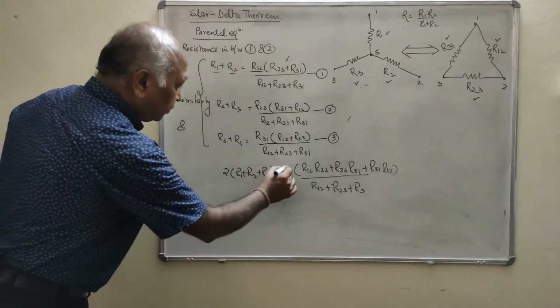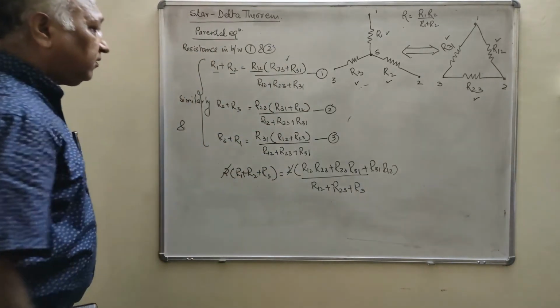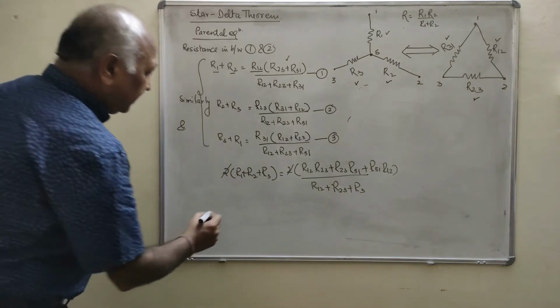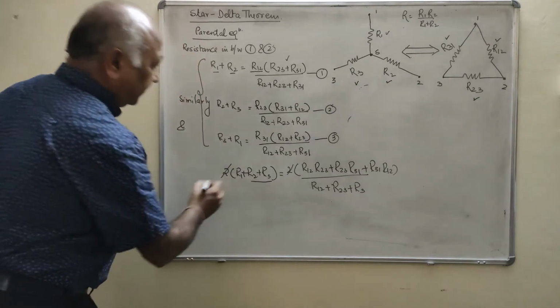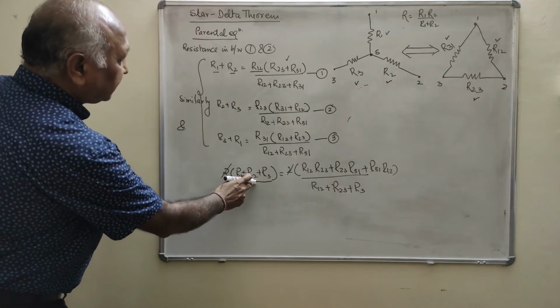Now the 2 and 2 cancel out. Now put the value of R2 plus R3. What is the value of R2 plus R3?